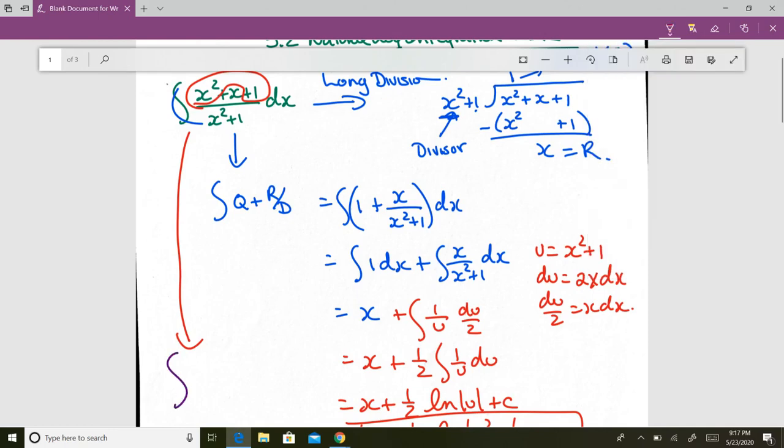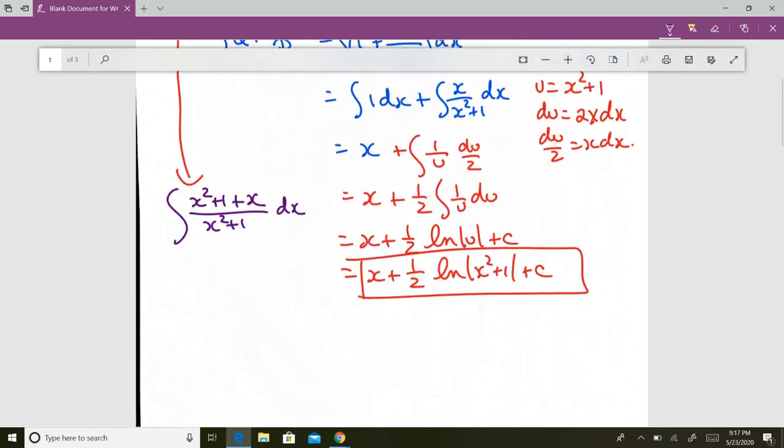I can move this 1 over and get x squared plus 1 plus x over x squared plus 1. Okay, I didn't do anything fancy. I just moved the 1 and the x. The reason I did that is this is the same as this. x squared plus 1 over x squared plus 1 plus x over x squared plus 1.